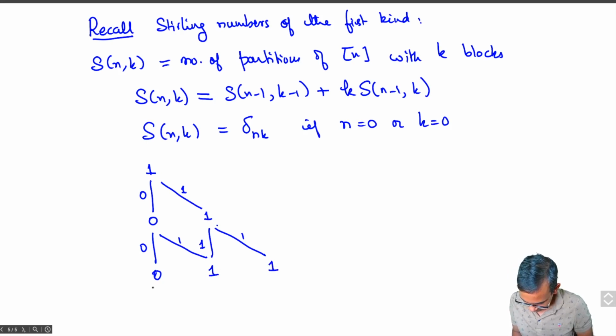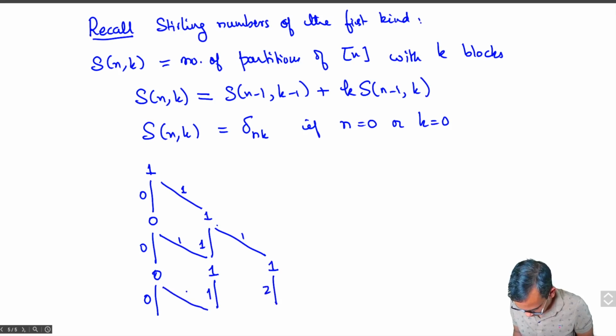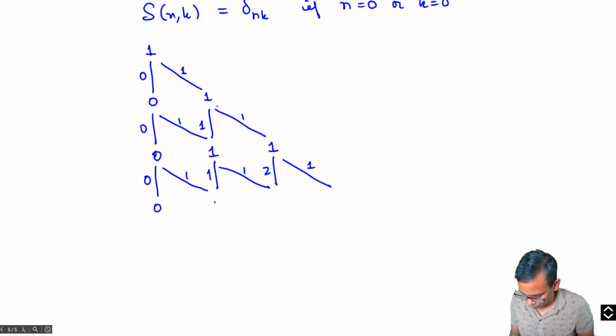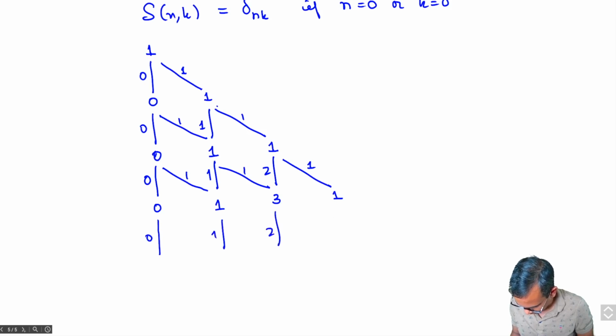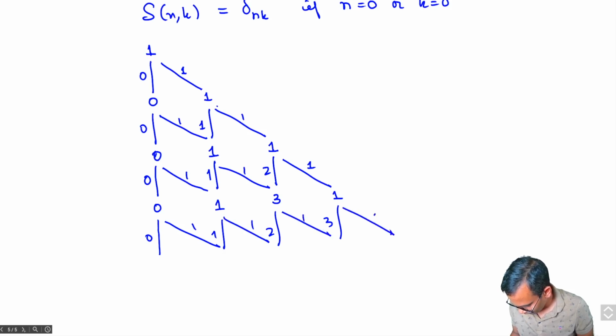This is again 1. Now 0, 1, 2. These are still 1. And what I get is 0, 1, 3, 1. Then 0, 1, 6 plus 1, 7, 6, 1.